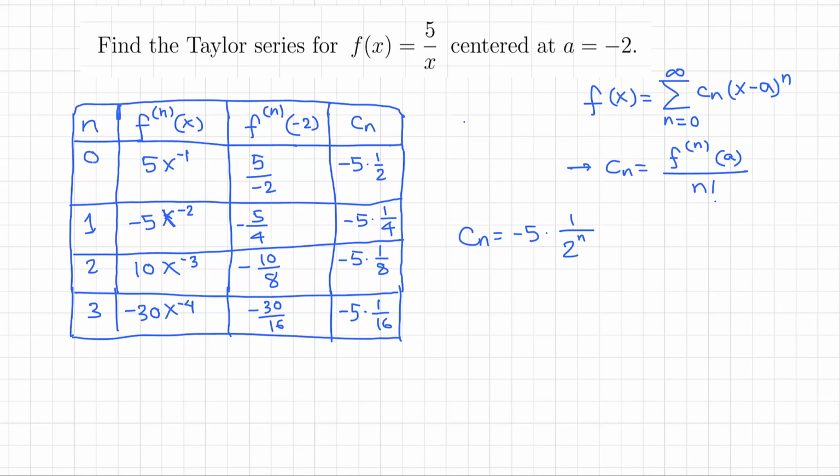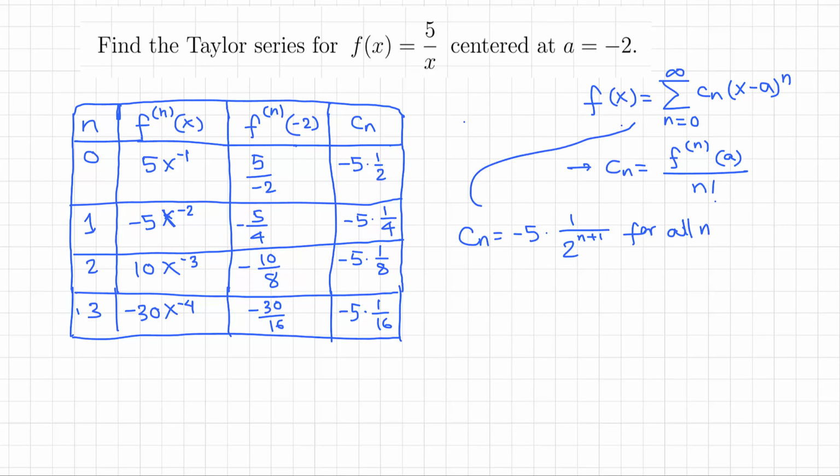When n = 0, we have to get 2, but 2 to the 0 is 1. When n = 1, we have to get 4, but 2 to the 1 is 2. So this will be 2 raised to n + 1, because n starts from 0. 2 to the 0 + 1 is 2, 2 to the 1 + 1 is 4. When n is 3, 3 + 1 is 4, and 1 over 2 to the 4th means 1/16. So this is true for all n.